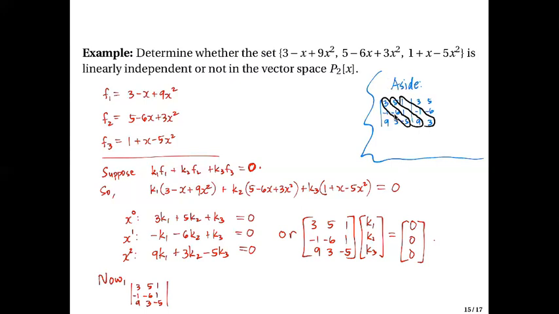So 3 times -6 times -5, this is 90. 5 times 1 times 9, that's 45. 1 times -1 times 3, that's -3. Okay? For the other diagonal, let's look at this, and then this, and then this.